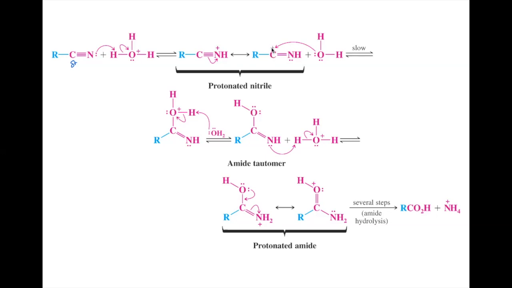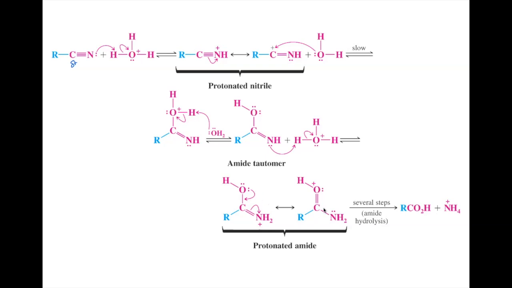No, naging full positive na siya. So it can now be attacked by water as the nucleophile. Okay. Next, removal of the proton. Okay, to form an alcohol group. And then what happens is you have an acid base. Ito yung acid. May base tayo. This is simply to protonate this.